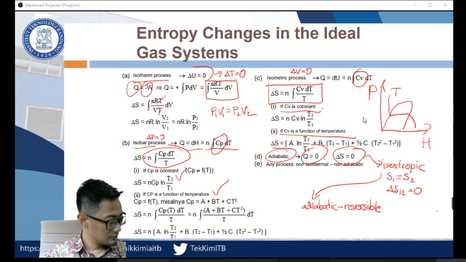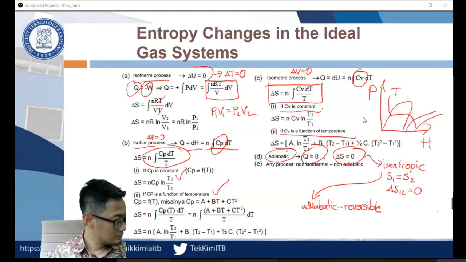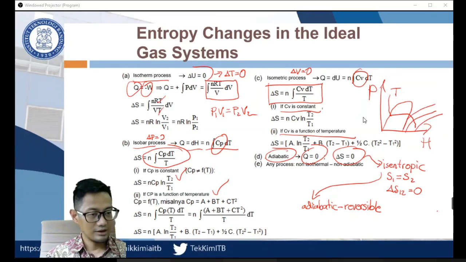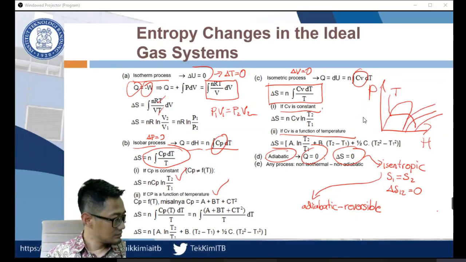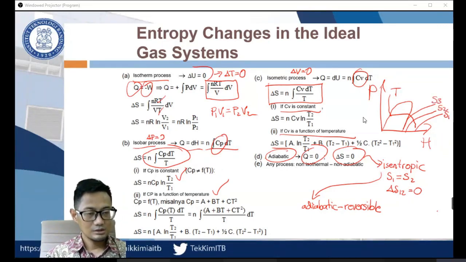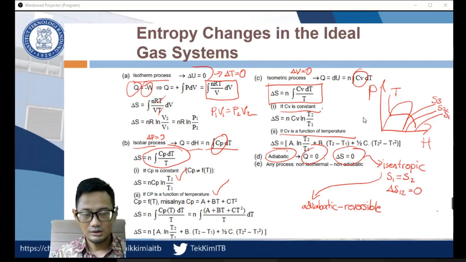And he also explained that there is a curve with this direction. There is S1, S2, and S3. So along this curve, the entropy will remain the same. That's why we consider this as isentropic process.